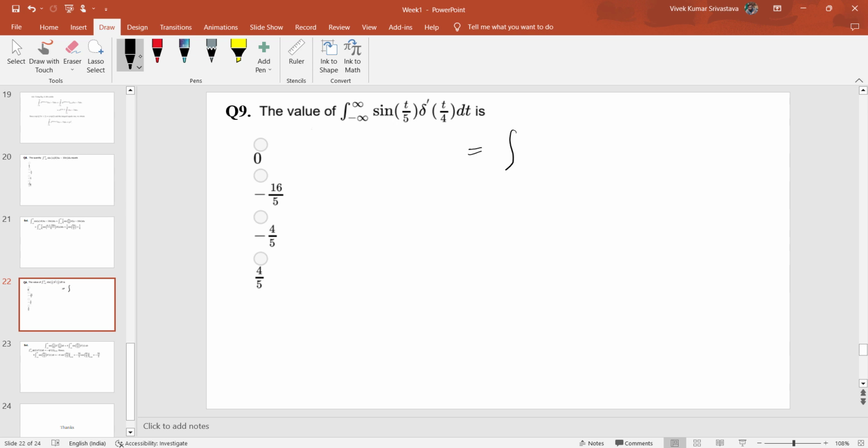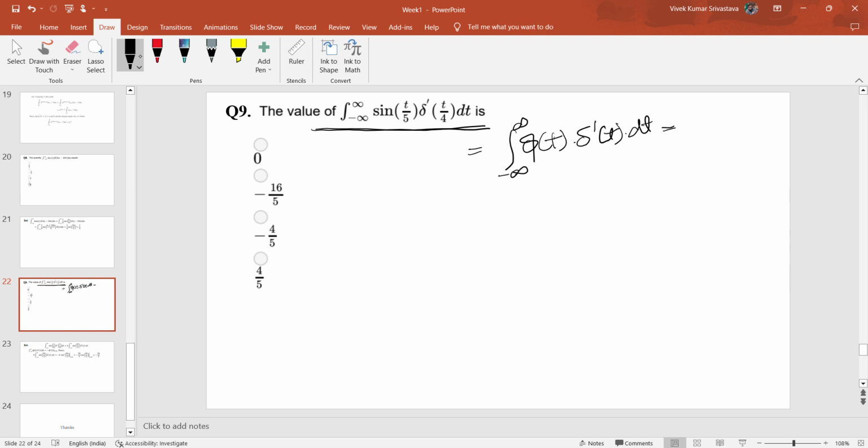we have to basically evaluate this integral. So for that we will use this property of the delta function, that is the integral of phi of t into delta dash of t dt, limit from minus infinity to infinity.